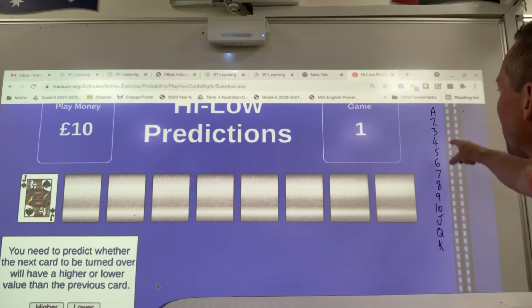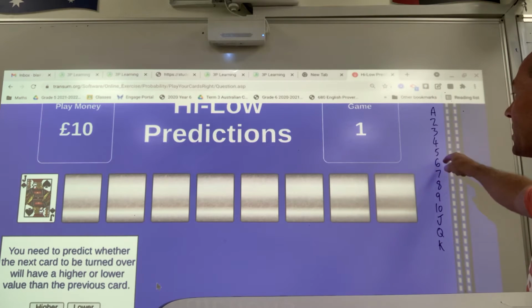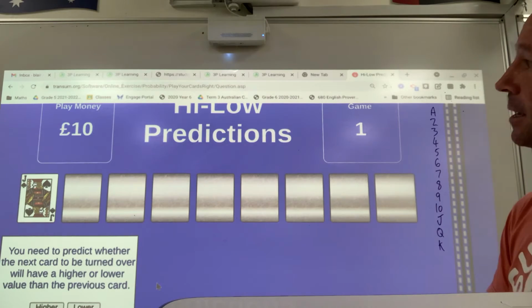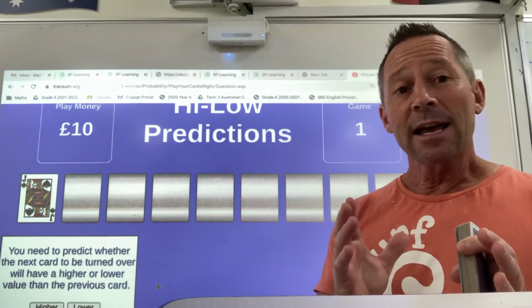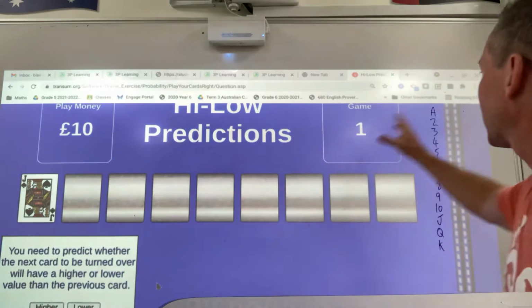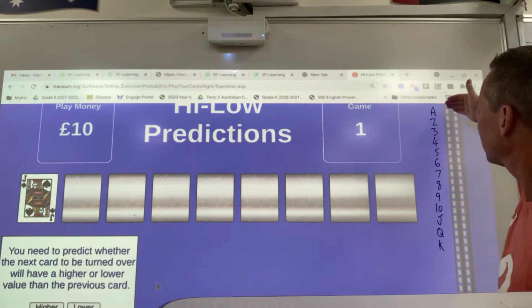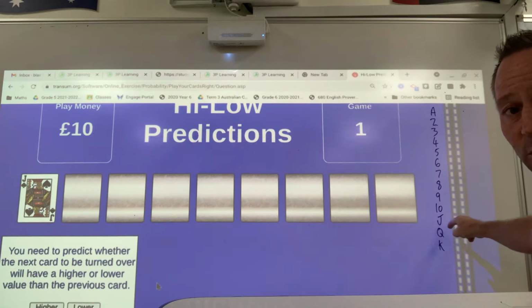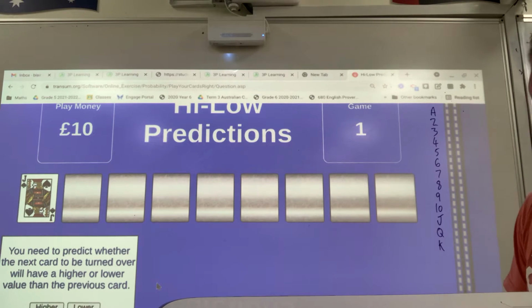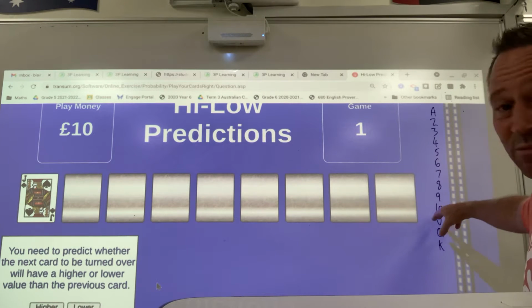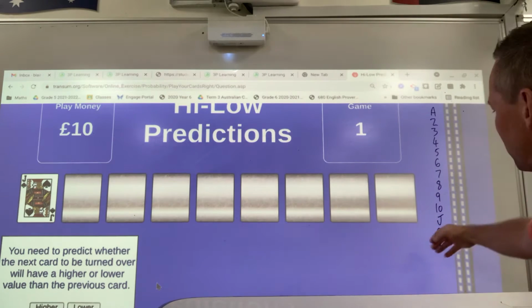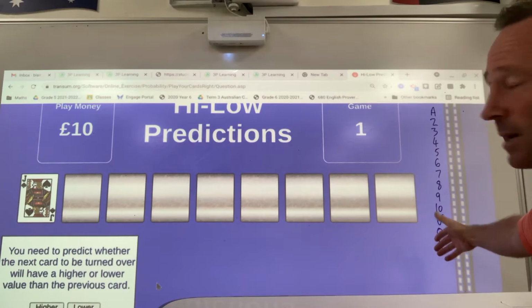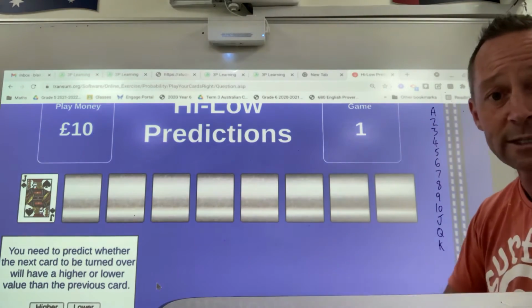Then we have numbers 2, 3, 4, 5, 6, 7, 8, 9, and 10. Each suit has 13 cards. So ace, 2, 3, 4, 5, 6, 7, 8, 9, 10, jack, queen, king. The jack is pretty much 11 points. Queen is 12 points, king, 13 points, and the ace is 1 point.